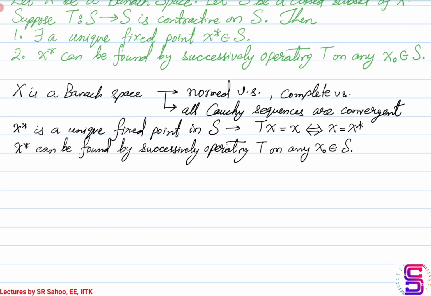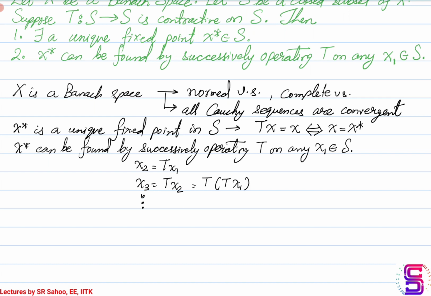Or rather, instead of x naught, let us denote it as x1, because it's the first entry in the sequence. So the first entry in the sequence would be x1. Generate the second vector, which is Tx1, then generate the third vector, which is Tx2, nothing but T operating on Tx1.